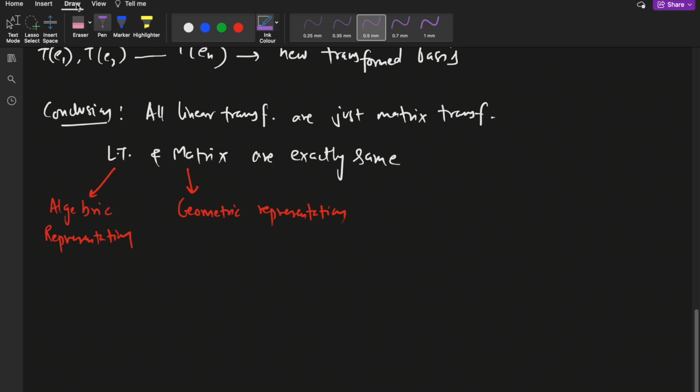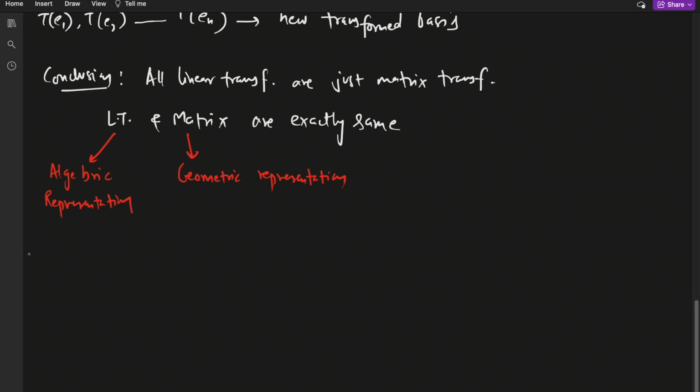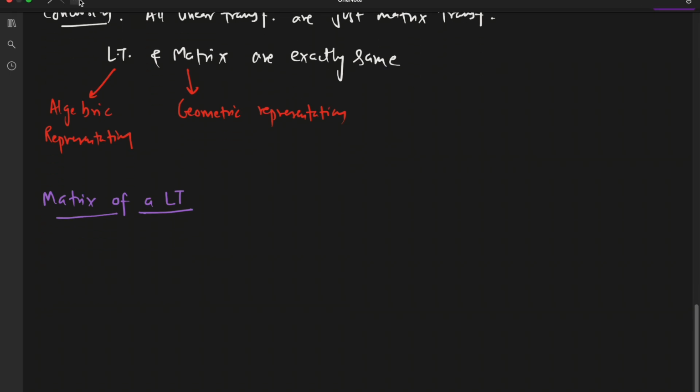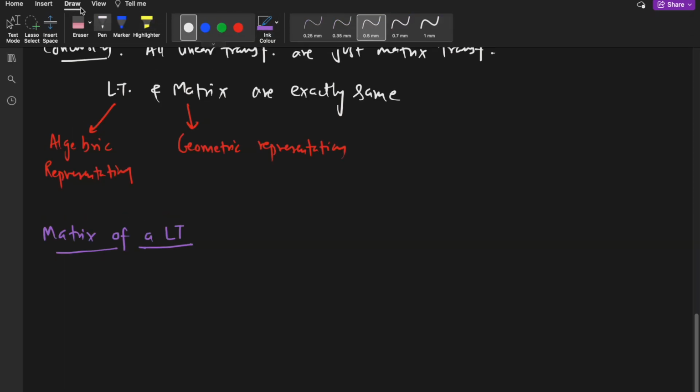So let us suppose we need to find the matrix of a linear transformation. And what is that linear transformation? Let us say that linear transformation is rotation.